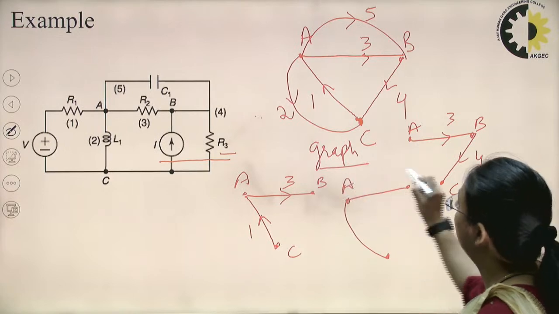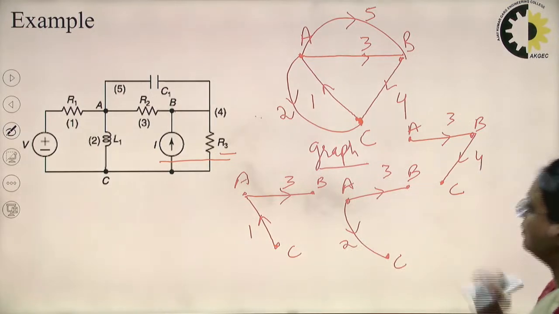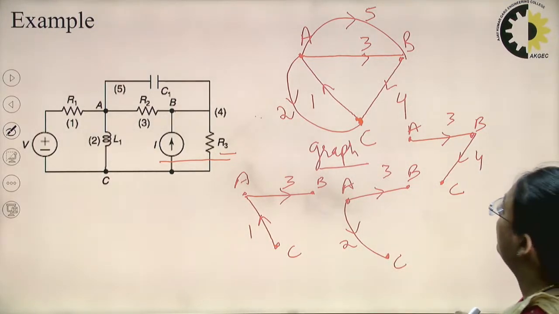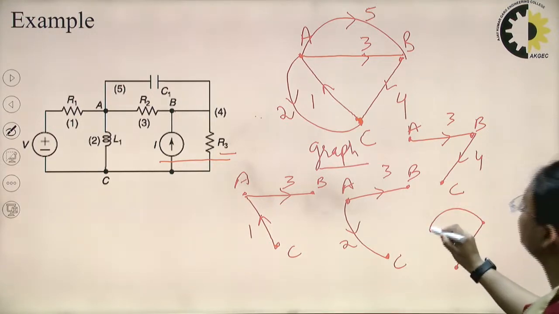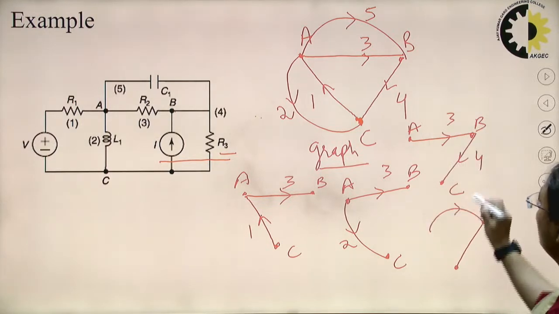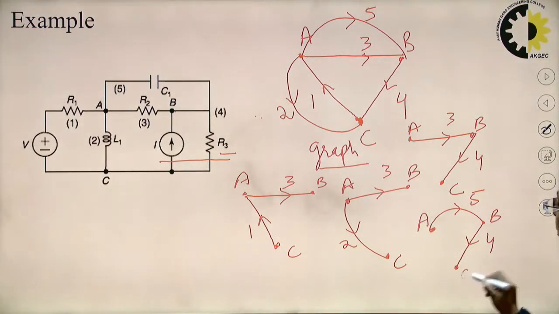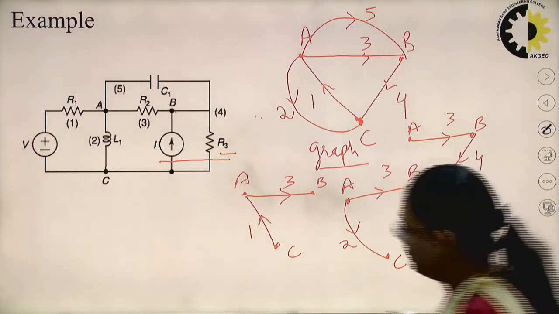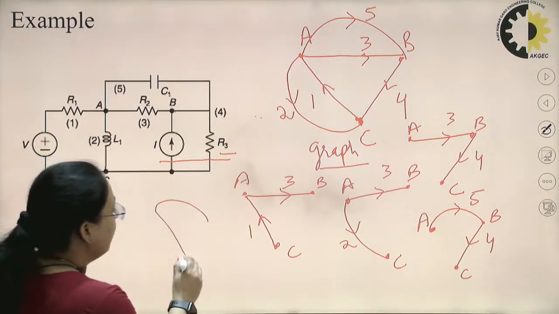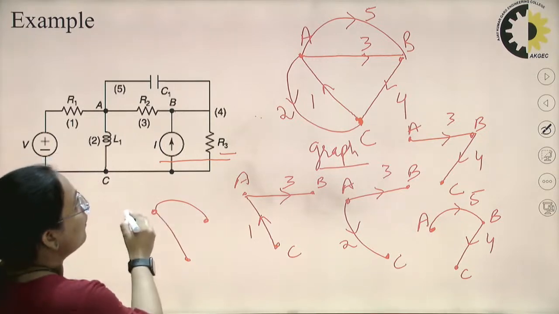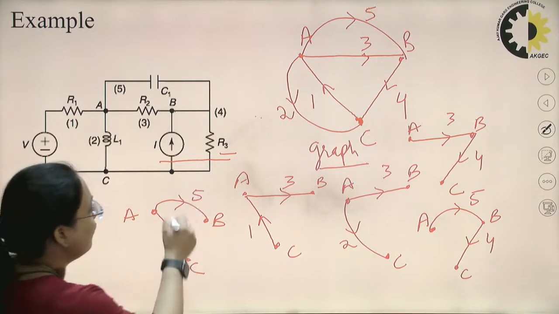Another I can select is branch number 3 and 2, it is again carrying all the nodes, and this is one of the trees. I can also select branch number 5 and branch number 4. It is also one of the trees from this graph, containing all the 3 nodes. Branch number 5 and 1 can also be considered for a tree.